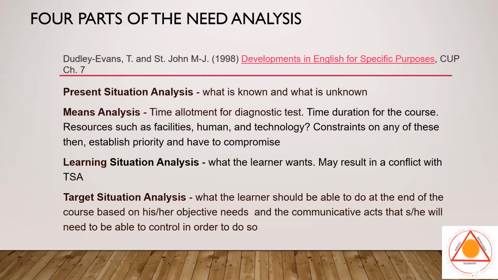Now, these questions have been bothering the linguists and researchers. And it is a conflict of what the needs are and how to achieve them. Because learners sometimes don't know what their needs are, or even teachers sometimes don't know how to identify learners' needs.